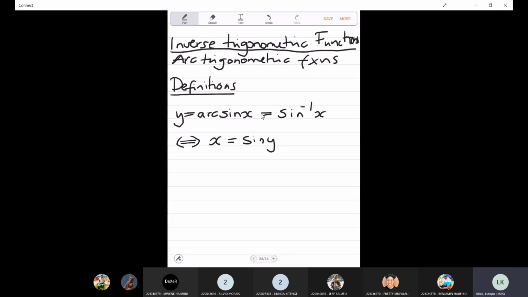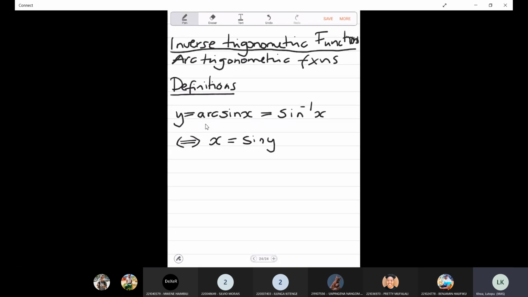Then arc sine and sine cancel each other out. That's why I have only y here, and then on the other side there is a sine. So these are inverse functions, like square root and square.